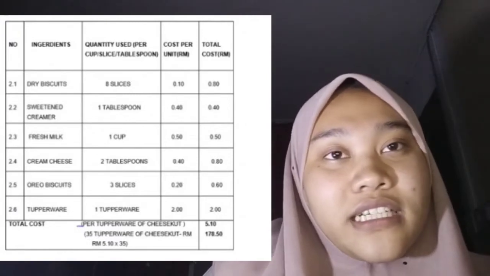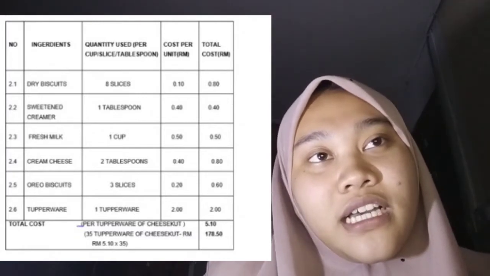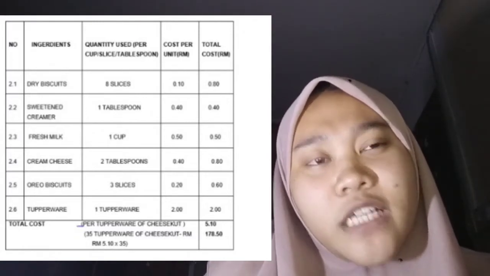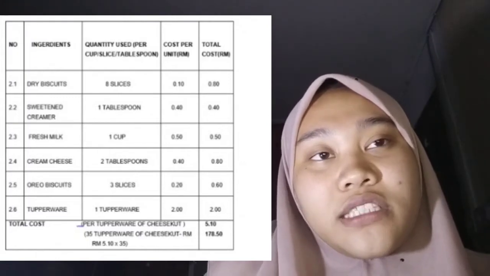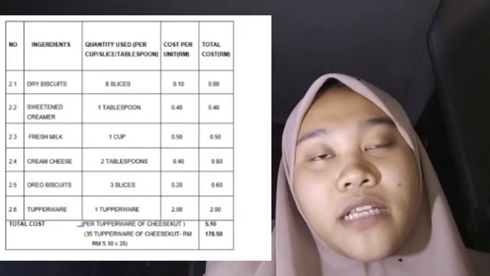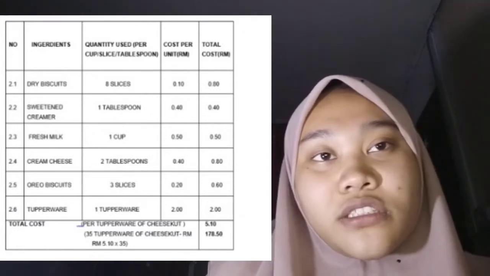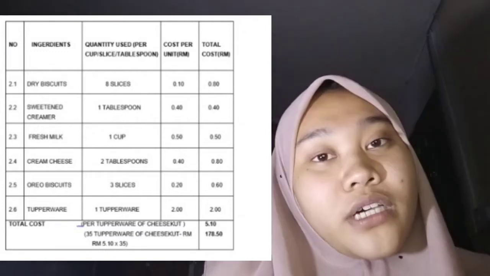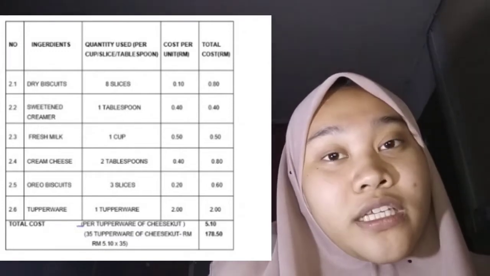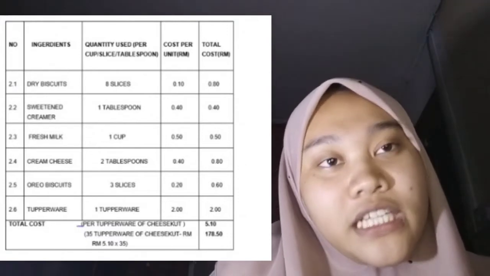Then lastly is a Tupperware. We use one Tupperware that costs 2 ringgit, so the total cost for Tupperware is 2 ringgit because we use only one. Then for the overall total cost per Tupperware, we produce 35 cheesecoats per day.